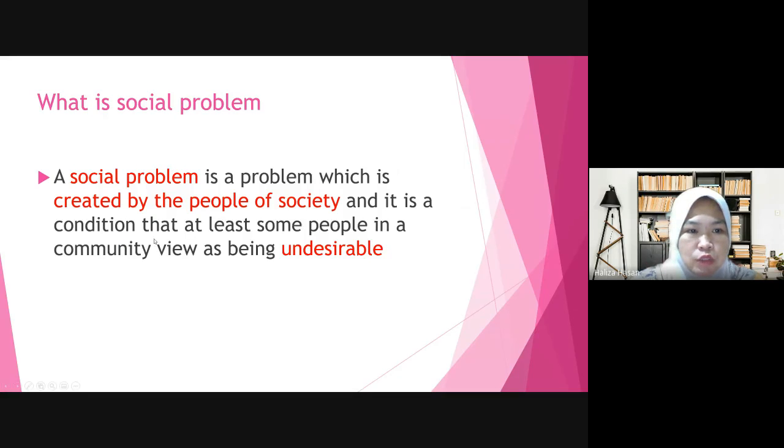Okay. So, definition of social problems. What is a social problem? A social problem is a problem which is created by the people of society, and it is a condition that at least some people in a community view as being undesirable.